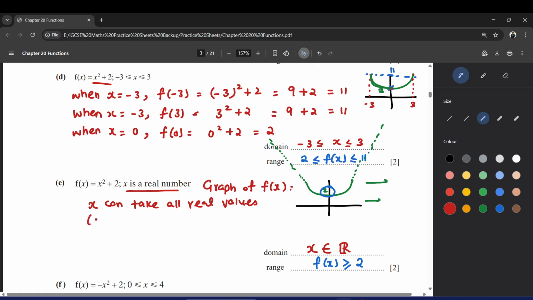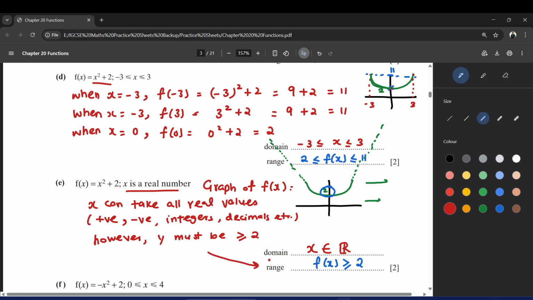Okay, real values means positive, negative, integers, decimals, etc. However, y must be greater than or equal to 2. All right, so therefore the range is going to be this.